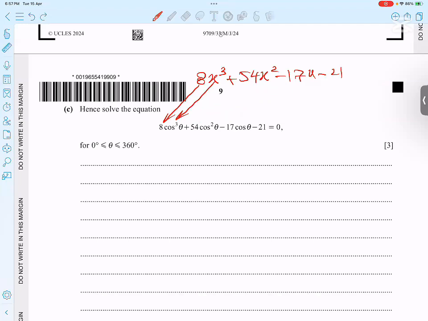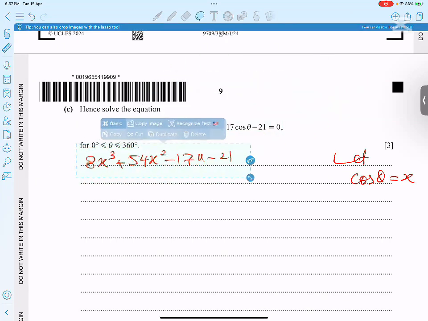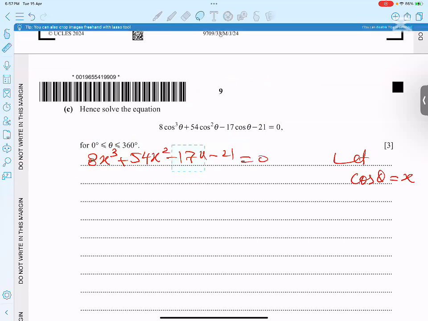So it means I will say simple, let cos theta is equal to x. So each cos theta replaced by x. So I'm getting 8x cube plus 54x to power 2, or I just erase it and copy the full equation from here. And equals to 0. I think this part is very clear.